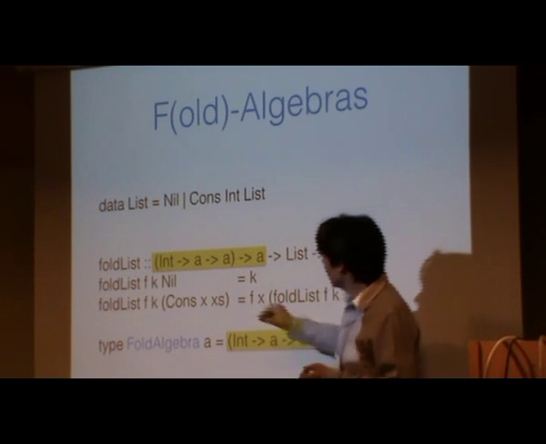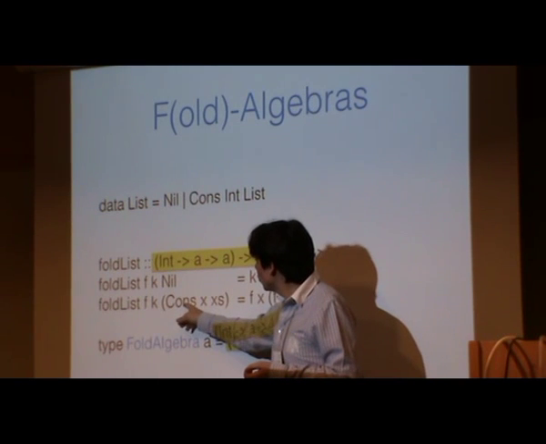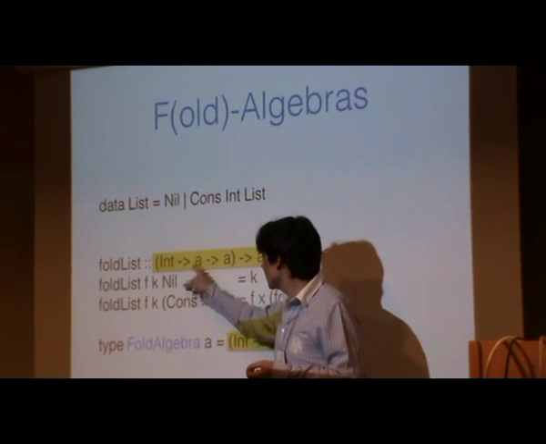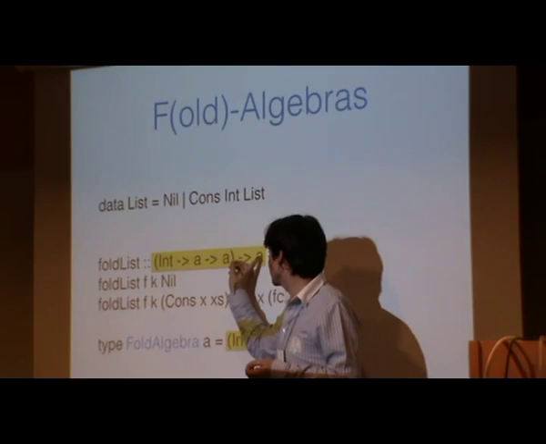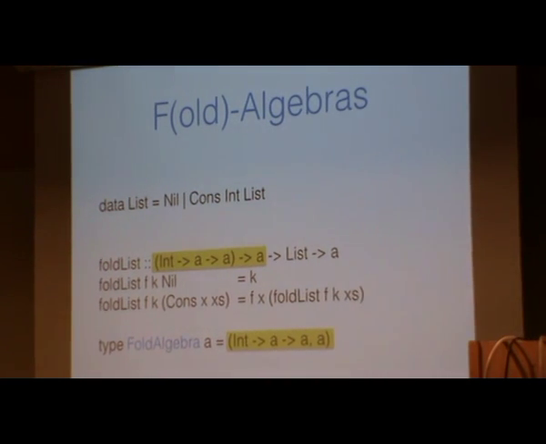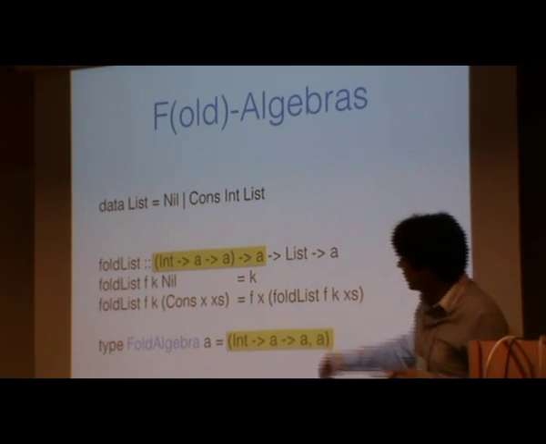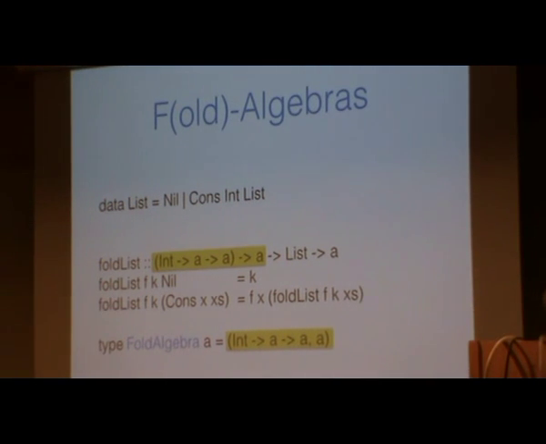These 2 arguments are what you're going to use to replace the 2 constructors. So basically use this function to replace cons and this value here to replace nil. Okay? And this pair of these 2 functions constitutes the fold algebra of this particular data type.